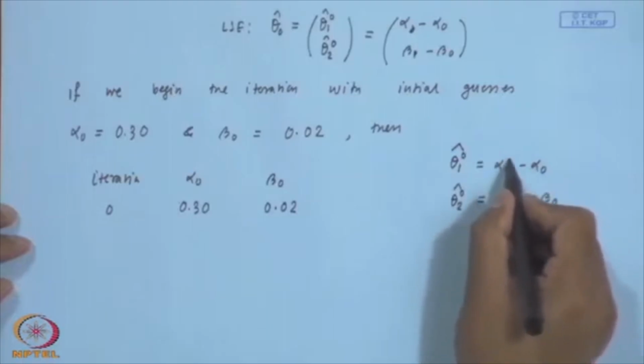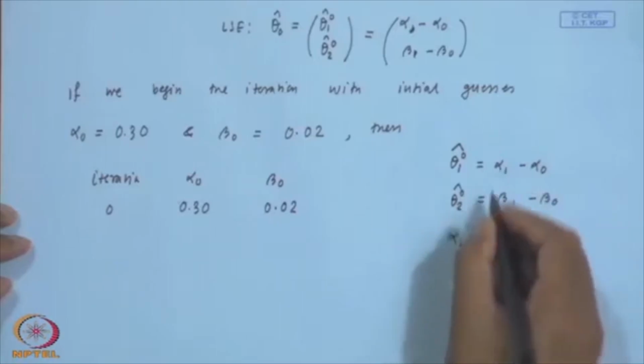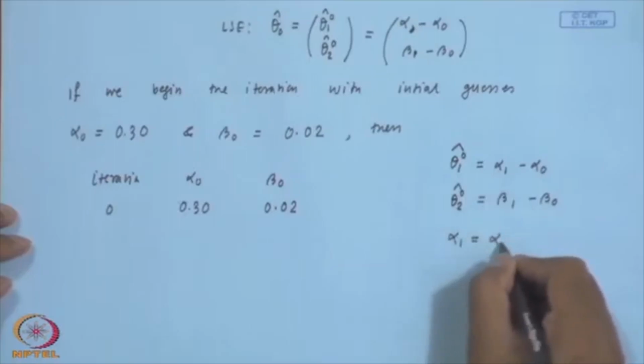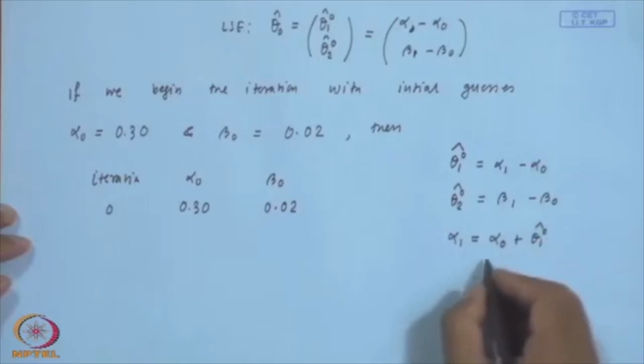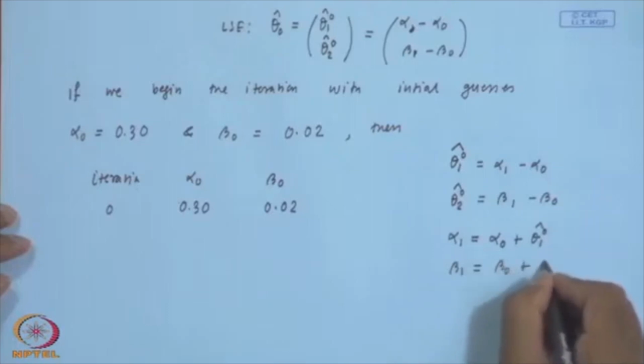What we do is that we consider this alpha1 as the improvement of alpha. Now, alpha1 is alpha naught plus theta1 naught hat, and beta1 is equal to beta naught plus theta2 naught hat.